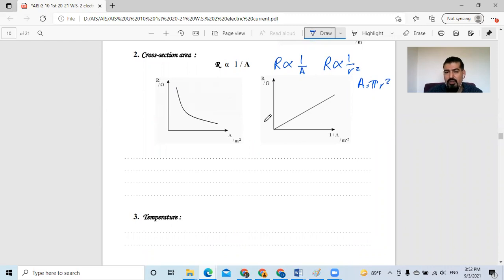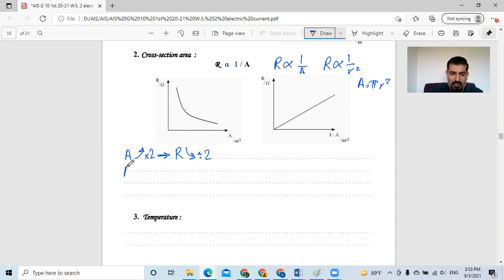If we put 1 over area, it would be directly proportional. That means if the cross-section area is multiplied by 2, the wire is thicker, the resistance will be reduced, divided by how much? Divided by 2.